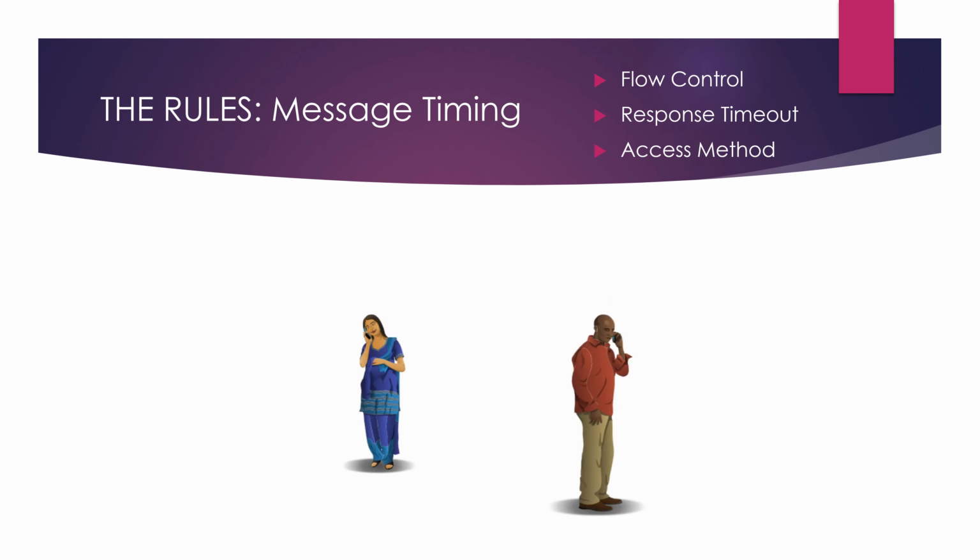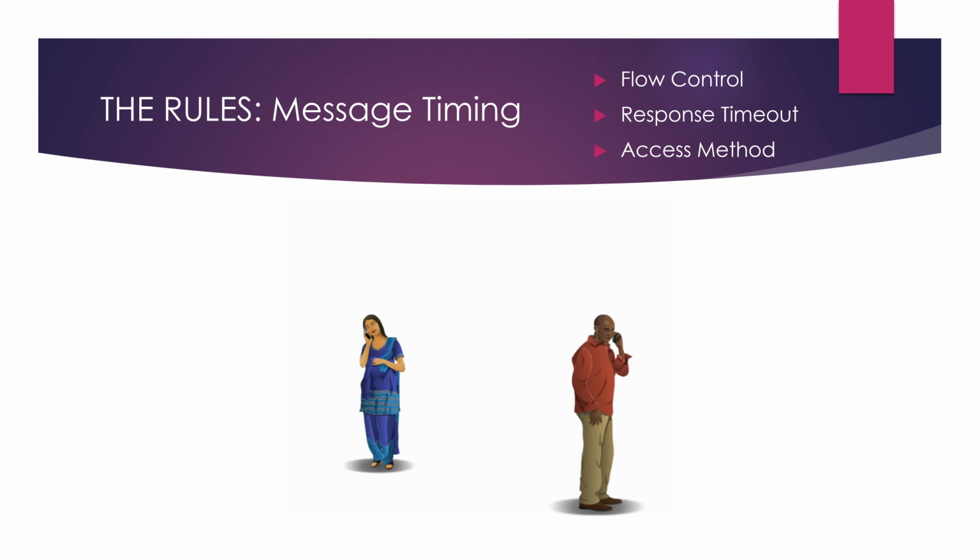Message timing is very important in network communication. Message timing includes flow control, which is the process of managing the rate of data transmission. Flow control defines how much information can be sent and even the speed at which it can be delivered.